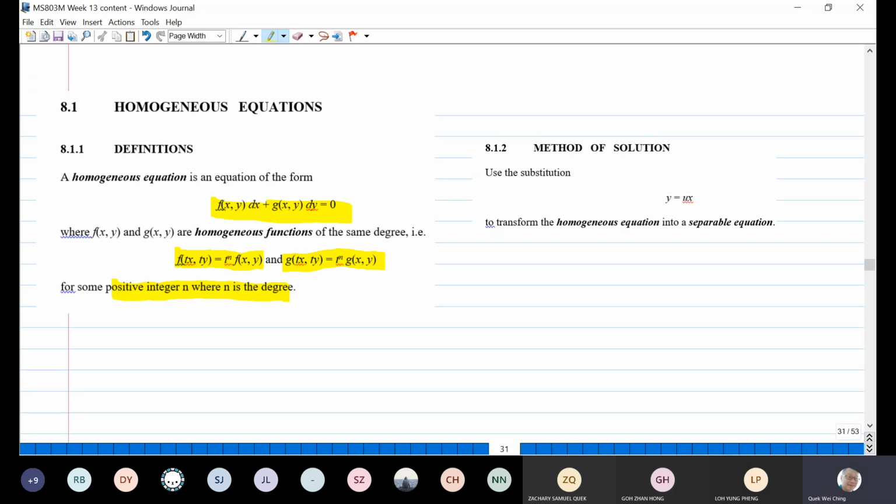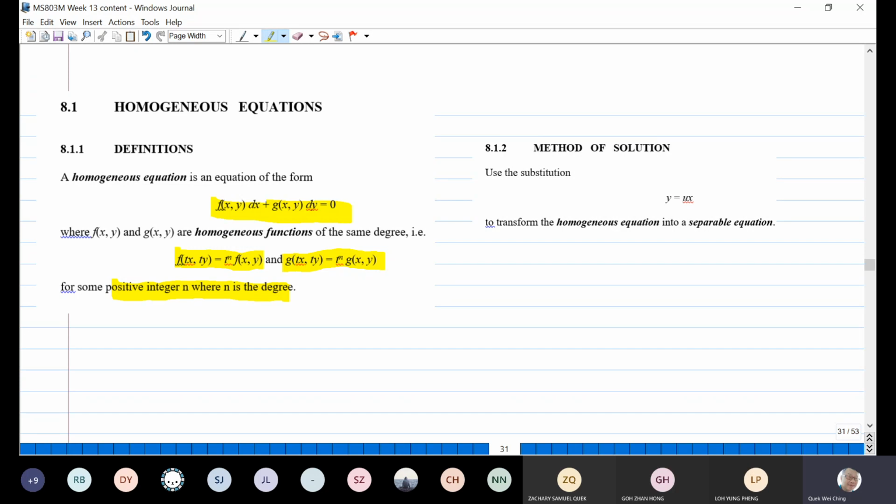They call it the degree of the homogeneous differential equation. So with f of x y and g of x y together with dx dy equals 0, when you substitute x by tx and y by ty, you get t to the power n f of x y, and the same thing for g: g of tx, ty gives t to the power n g of x y. And the way to solve this differential equation, there's a trick.